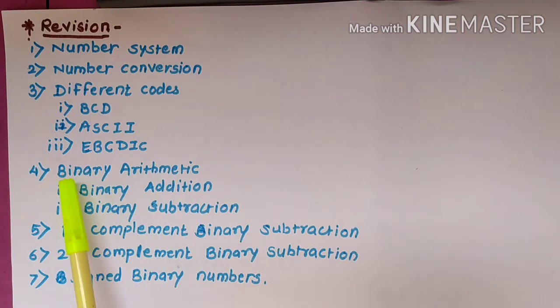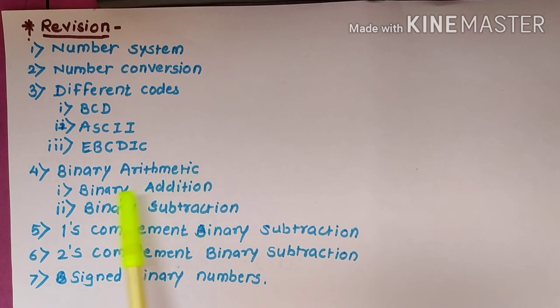Then binary arithmetic: binary addition and binary subtraction. At last, 1's complement binary subtraction, then 2's complement binary subtraction. Finally today we have learned this last topic, signed binary numbers. Is that clear, student? I think all of you understood all the topics properly, but still if you have any doubt, feel free to ask me.